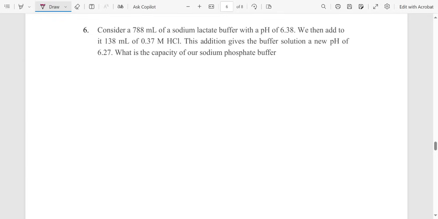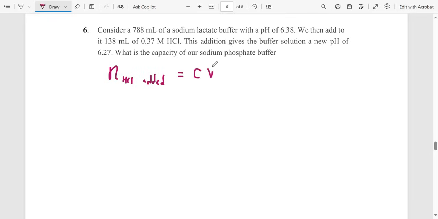So we want to find how many moles of the acid we added. That's why you can see that the pH drops from 6.38 to 6.27. So the number of moles of hydrochloric acid added is going to be equal to, how do you find number of moles?